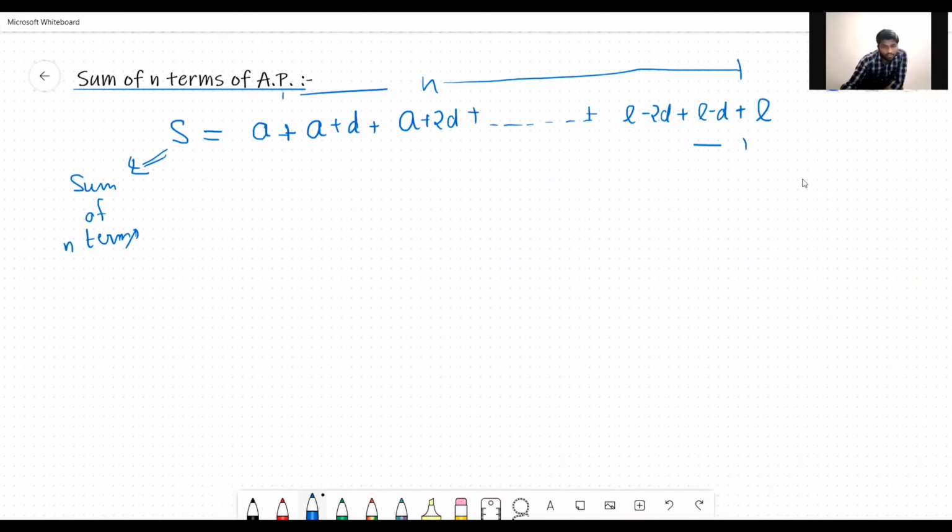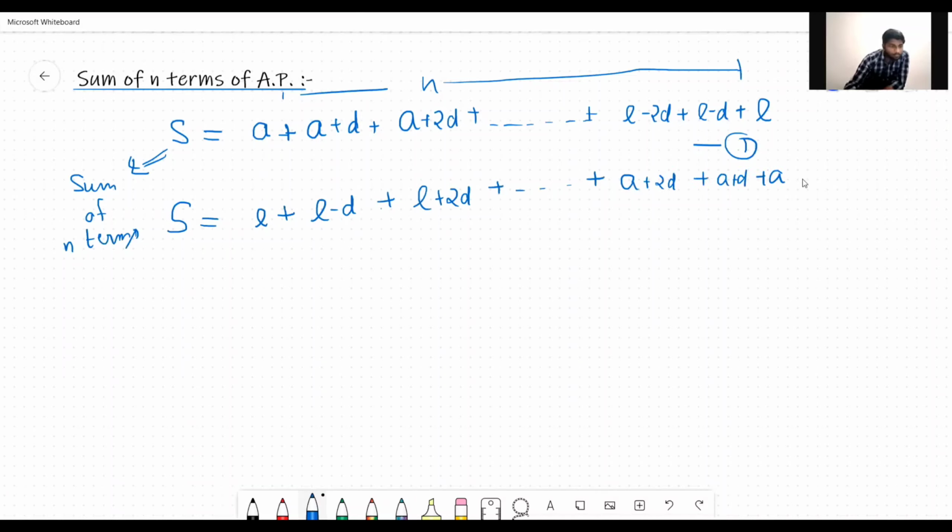Let us call it equation first. We will write down this equation by reversing it. When we reverse this equation, it becomes L, L minus D, L minus 2D, and so on, A plus 2D, A plus D, and A. This is equation second.